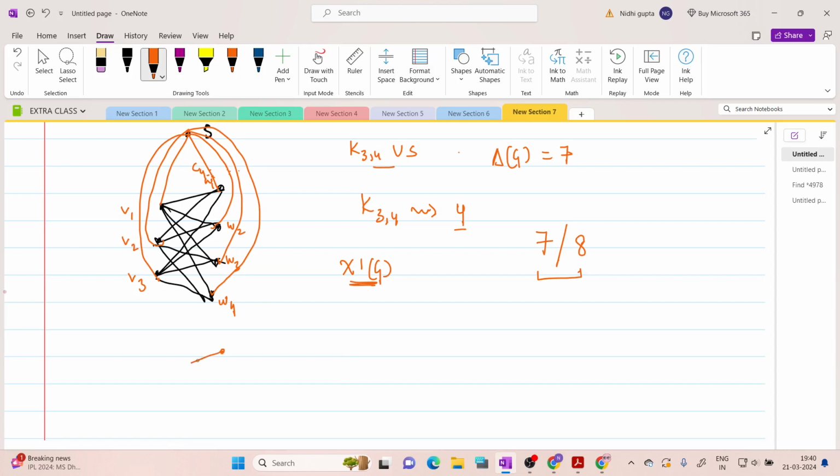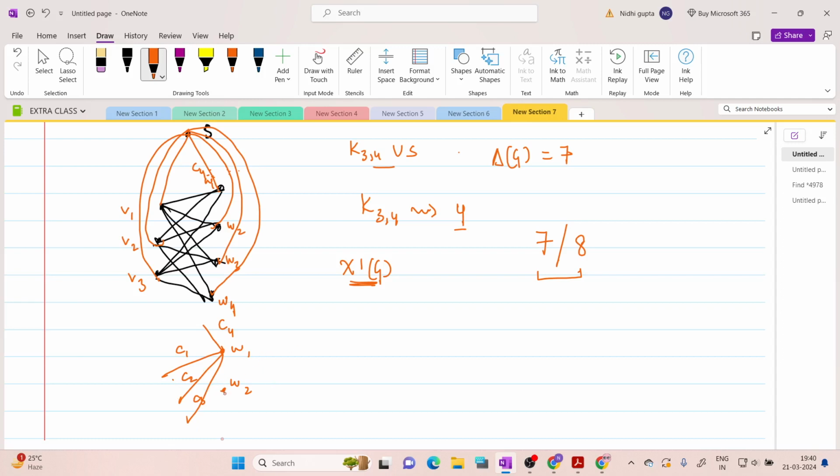Suppose this is color C1, this is C2, this is C3, then you're saying let's give it C4. Okay, that's for W1. Now we have W2. Here also there are three colors used.